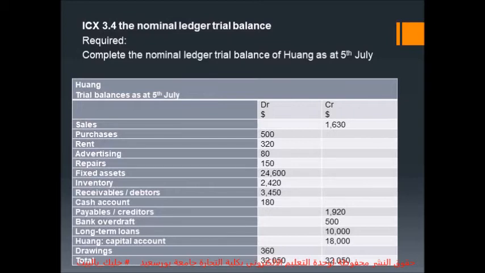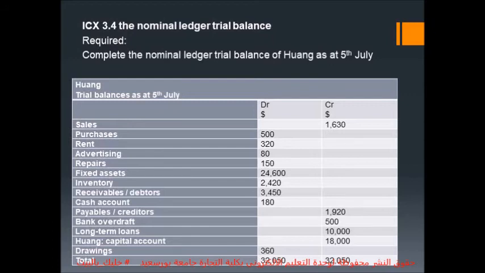And then the expenses, purchases, rent, advertising, repairs, all these expenses have a normal debit balance. And then assets, which are fixed assets, inventory, receivables or debtors, cash account, all these assets have a normal debit balance.